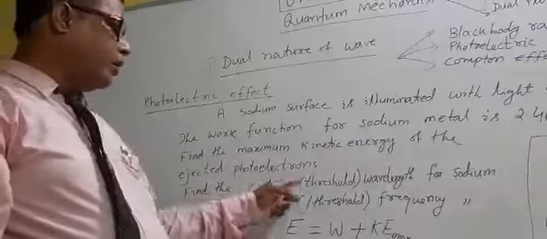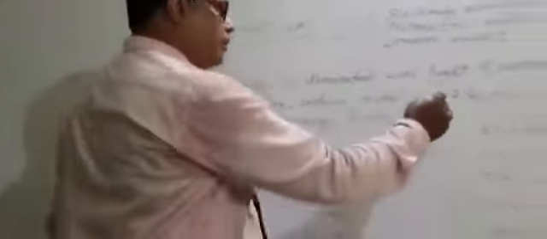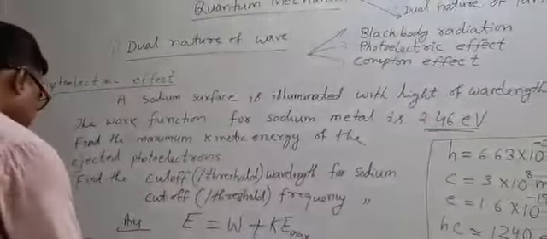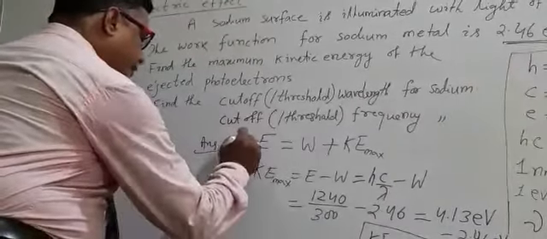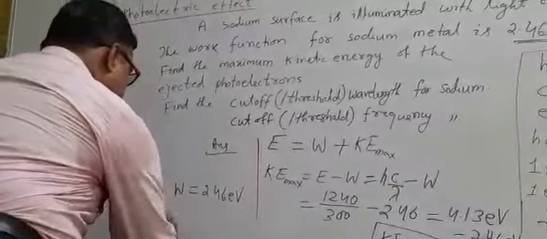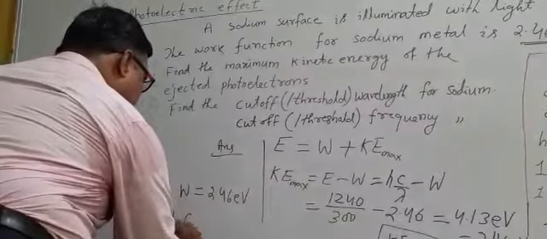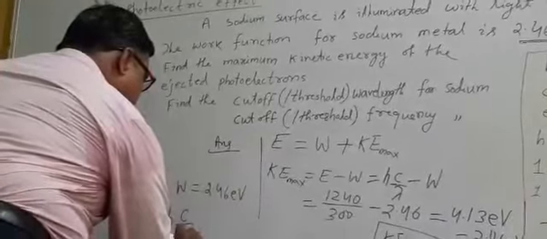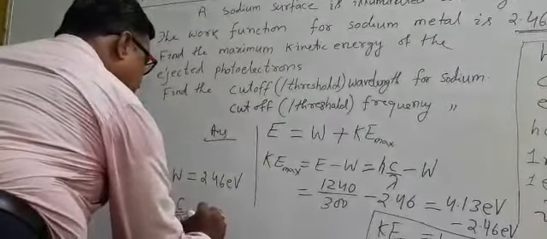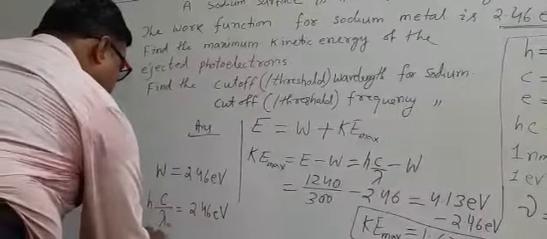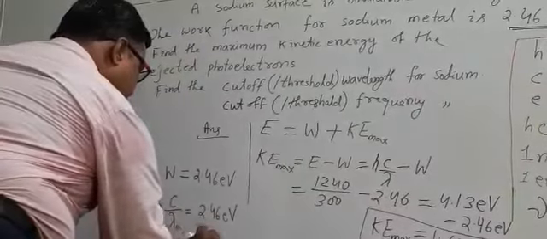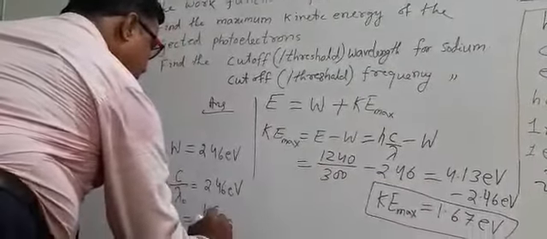Then second one, cutoff wavelength for sodium light. For cutoff wavelength, you will find it from the work function value. So work function is 2.46 eV. So W is equal to hc by lambda naught is equal to 2.46 eV, which implies lambda naught is equal to hc by 2.46.